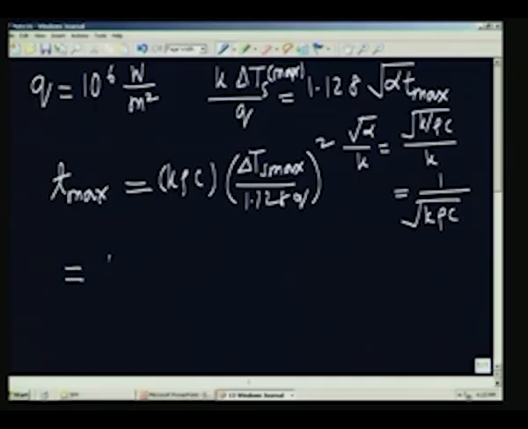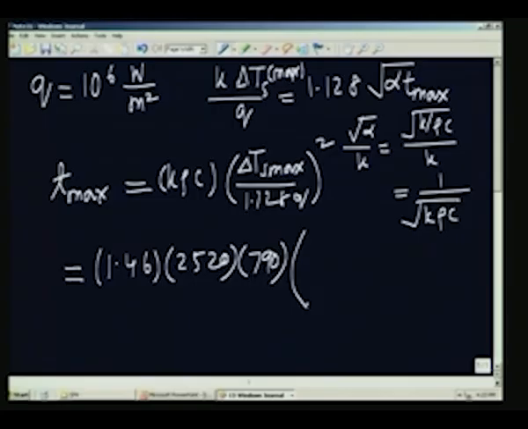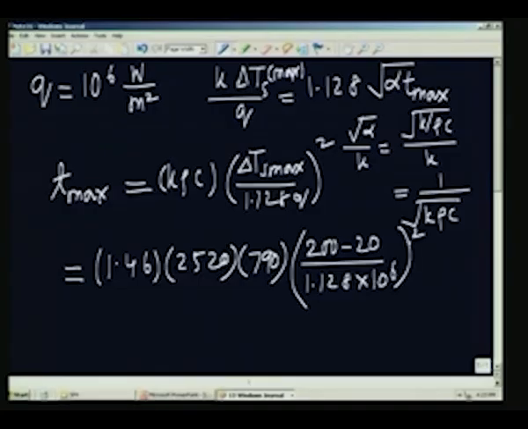I will substitute K is 1.46 for the Macor, rho is 2520 and C is 790, multiplied by delta T max, which is 200 minus 20, divided by 1.128 into 10 to the power 6, whole squared. And this t max comes to about 0.074 seconds, or about 7 milliseconds.